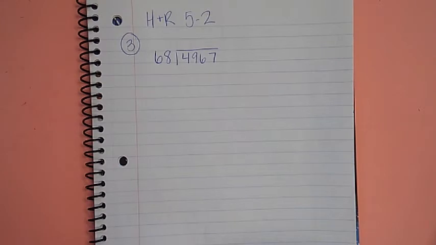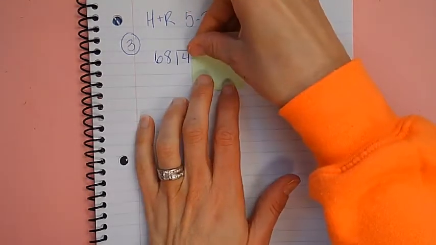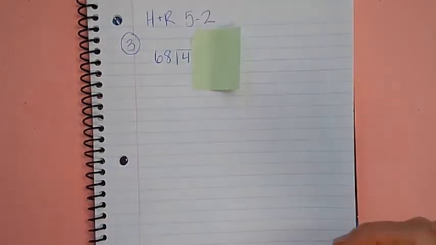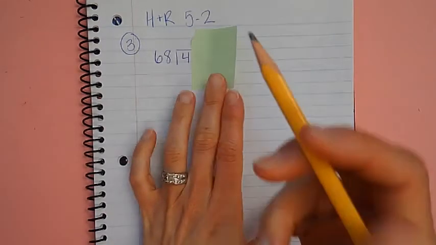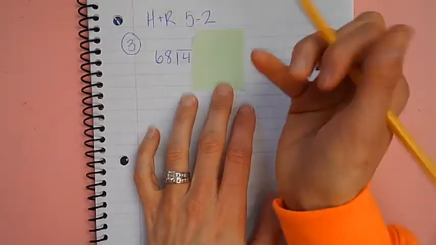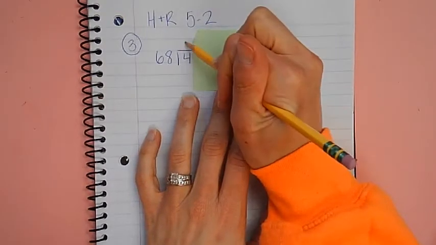We're going to go ahead and start with digit by digit, and I'm going to use my Post-it note to cover my digits up. You'll notice in the slides for Thursday, the first step they're having you do is this 0 step.